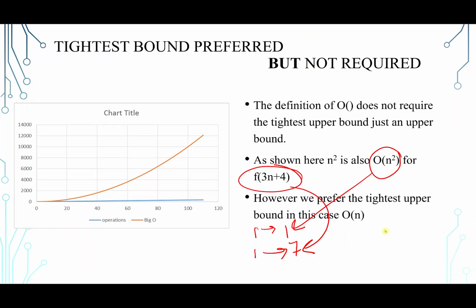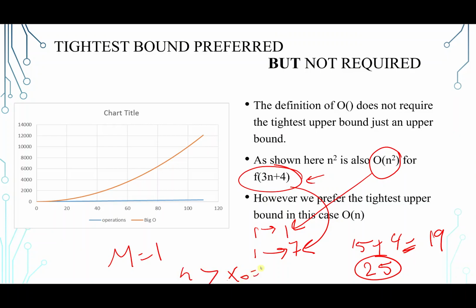Starting with n is 5, 3 times 5 is 15 plus 4 equals 19. It's just the n squared, even if m equals 1, gives you 25. So yes, big O of n squared is always bigger than that, as long as you have n greater than x0, which is the 5. Right?